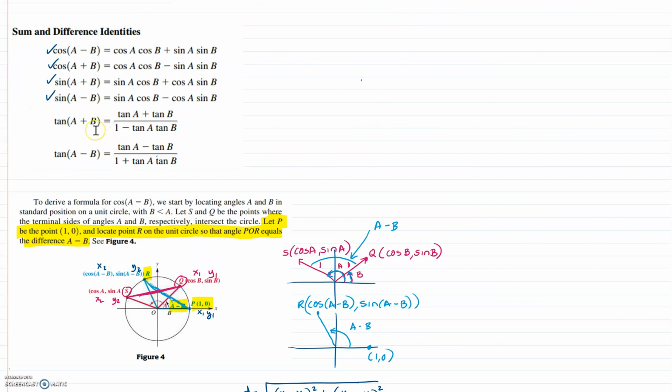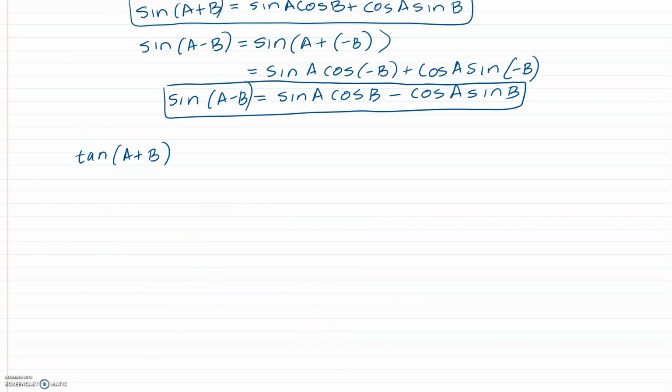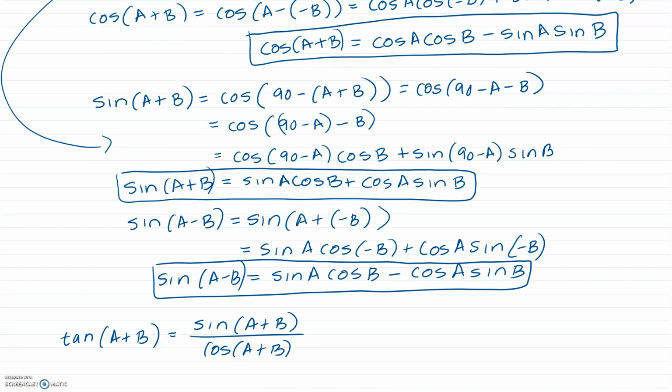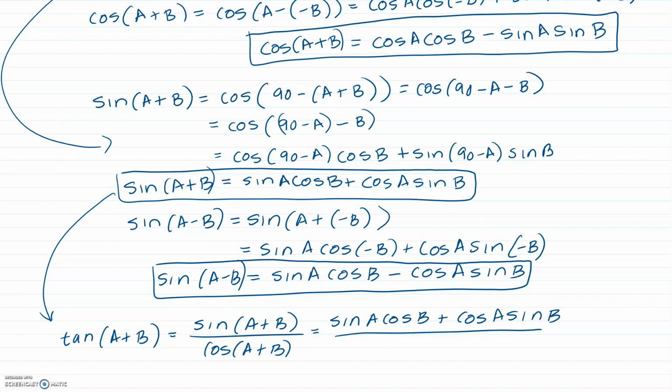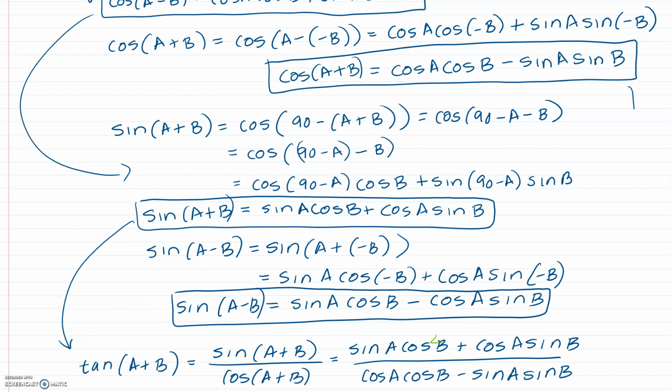Finally, working on the tangent of A plus B and A minus B. Let's start with tangent of A plus B. We know tangent of A plus B is sine over cosine of A plus B. And I'm going to rewrite the first one. I'm going to rewrite sine of A plus B as sine of A, cosine of B, plus cosine of A, sine of B. And doing the same thing to the bottom for cosine of A plus B, we would have the following quotient.